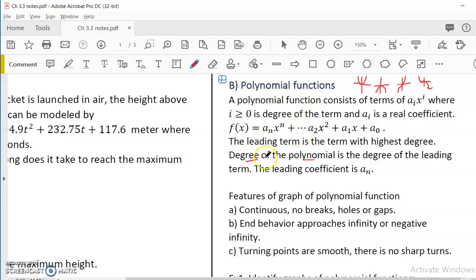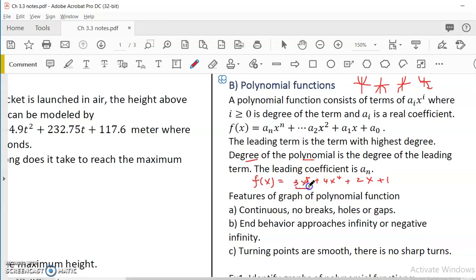For example, f of x equals 3x to the 5 plus 4x to the 4 plus 2x plus 1. The highest degree of the whole polynomial will be x to the 5.